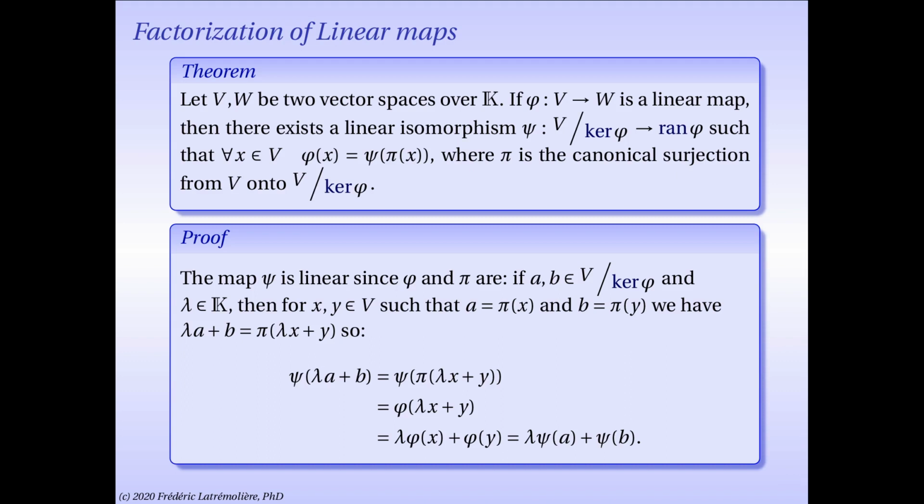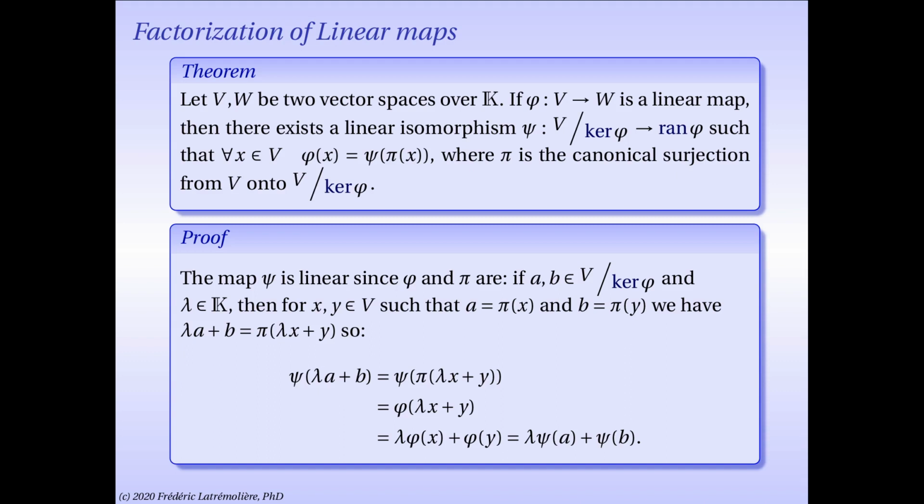So, let's calculate psi of lambda A plus B. Well, by definition, it's psi of lambda times pi of x plus pi of y, but using the operation of my vector space, it ends up being psi of pi of lambda x plus y. In other words, I use the linearity of pi. But then, by definition, at a set theoretic level, psi composed with pi is phi.